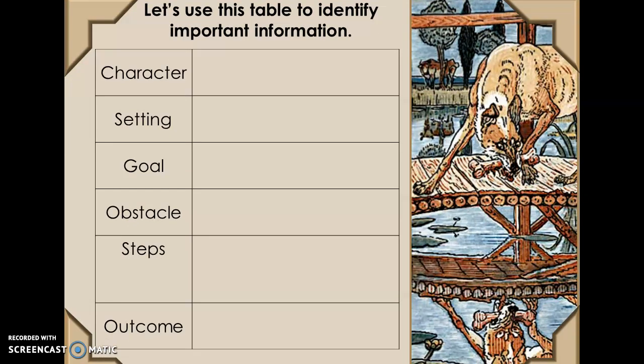So, when we're writing a summary, these are some of the things that we want to think about, and this table is going to help us with writing our summary. First of all, who was the main character? Well, it was the dog. Where was he? He was on the bridge. What was the goal? He was trying to take his bone home.